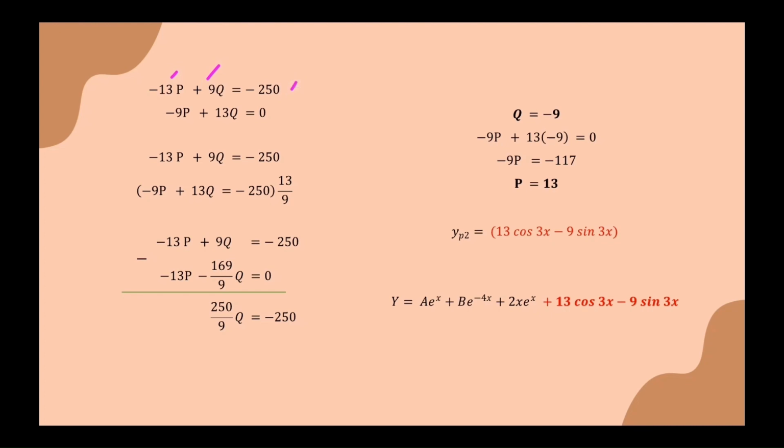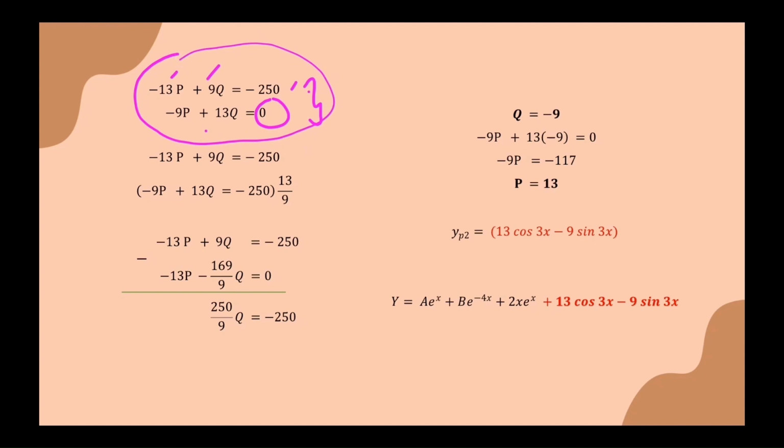You must be wondering where the 0 came from. The 0 came from the sine, because there is no value for sine, so we assume sine is equal to 0. So negative 9p plus 13q equals 0. Now we are going to solve these equations by using the elimination method.